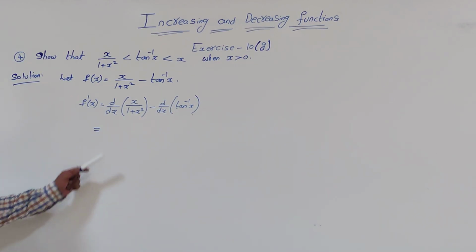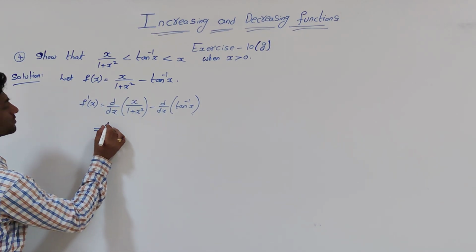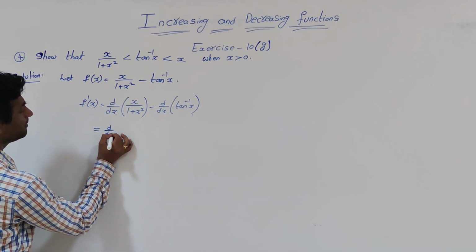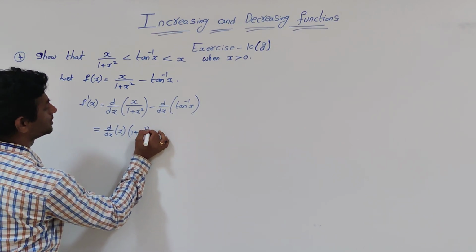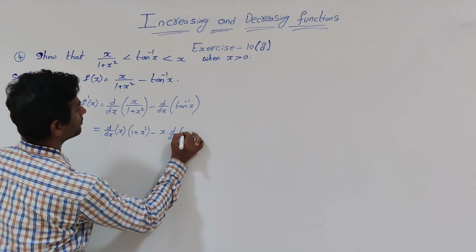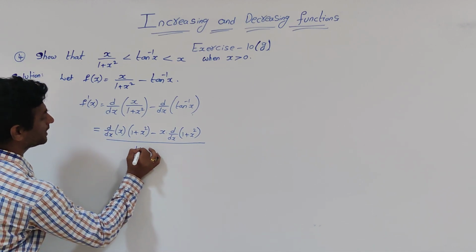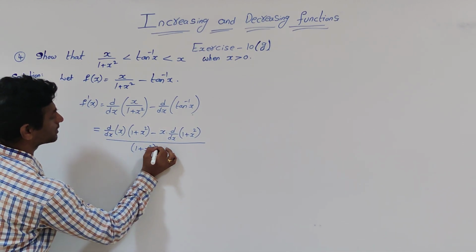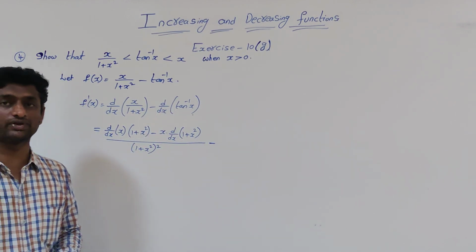Now for this function you have to apply the u by v rule for x by 1 plus x square. d by dx of x into 1 plus x square minus x into d by dx of 1 plus x square, over 1 plus x square whole square. Minus, and what is the derivative of tan inverse of x?